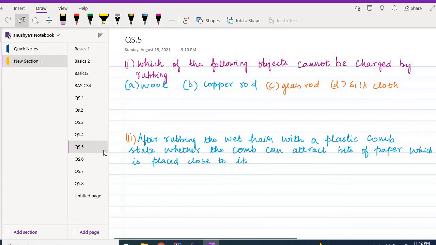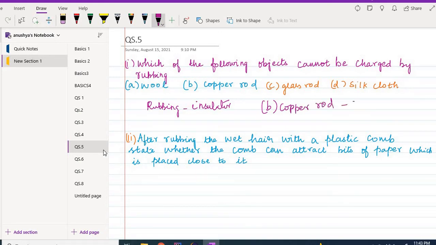Come to the fifth question. Which of the following objects cannot be charged by rubbing? Wool is an insulator. For rubbing, the main criterion is that it should be an insulator. Among these, wool, glass rod and silk are all insulators; the remaining one is the copper rod, which is a conductor.